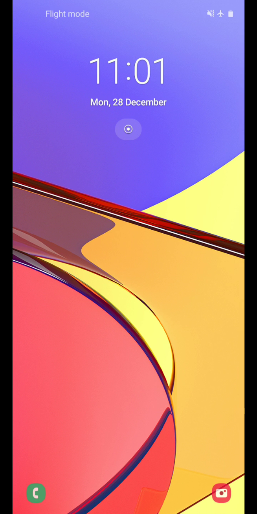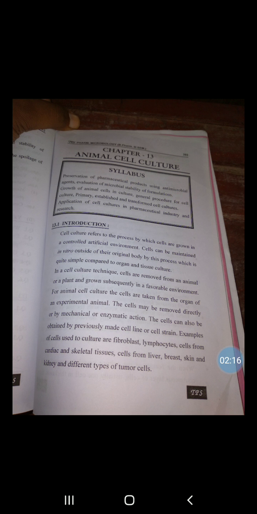Examples of cells used for culture are fibroblasts, lymphocytes, cells from cardiac tissue, skeletal tissue, liver, breast, skin, kidney, and also different types of tumor cells.